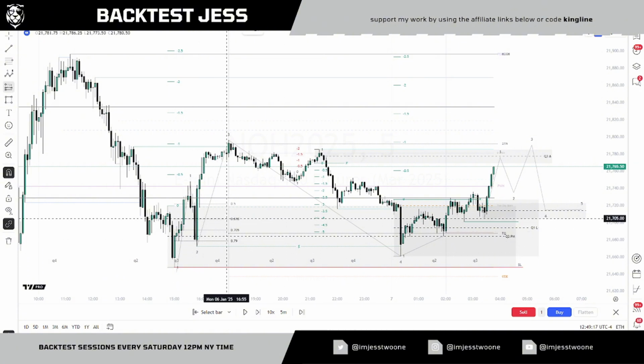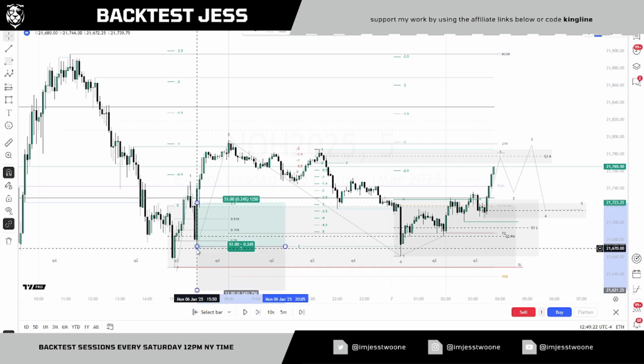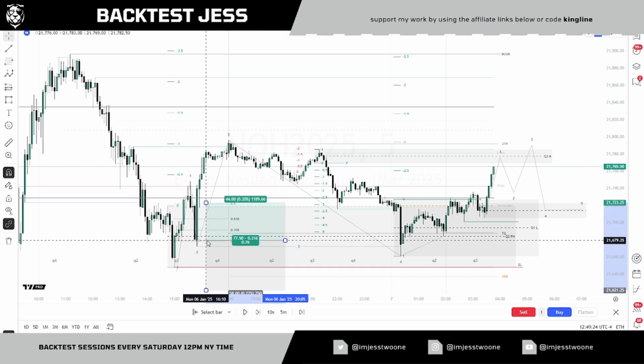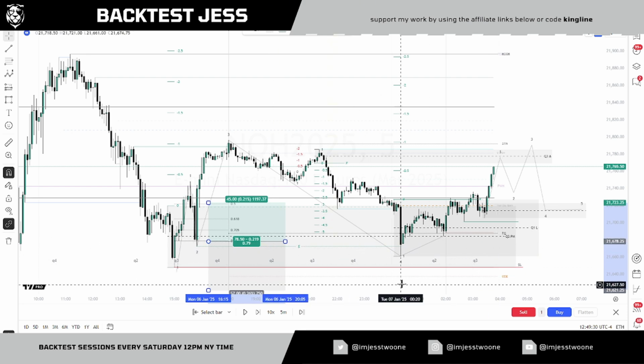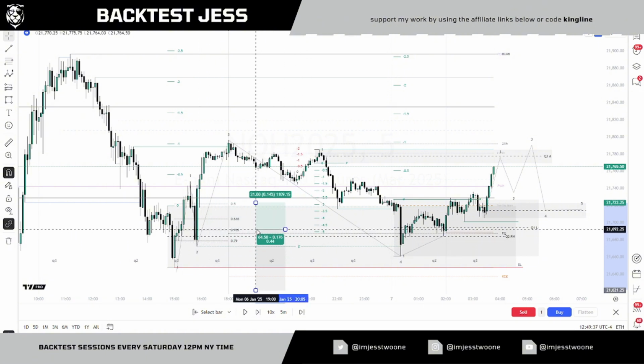All right, so we can't take any trade until this one, because we have to take 0.79, but it would have to be a sweep of 2. So we can only take 5 actually. So 0.5, yeah, we can't take 0.79.